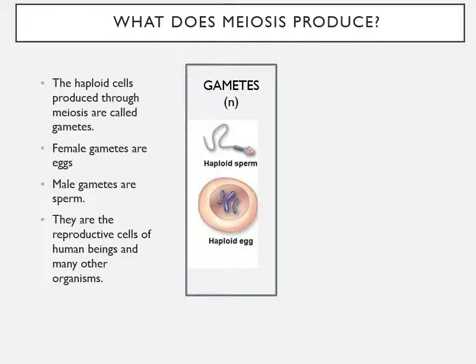Remember, gametes, or sperm and eggs, are haploid. They have only one copy of each chromosome. Here's a haploid sperm, here's a haploid egg, and so we call them N or 1N because they're haploid and they have one set of each chromosome. And again, these cells are made through the process of meiosis.